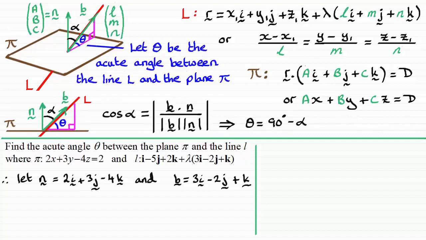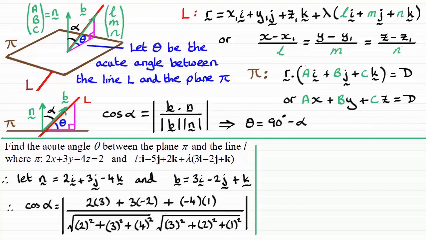So if I work out cosine alpha, then you can see I've done n dotted with b: 2 times the 3 plus 3 times the minus 2 plus negative 4 times the 1 here. And that's all over the magnitude of each of the two vectors, n and b. And if you use your calculator, you'll find that you get this value here.